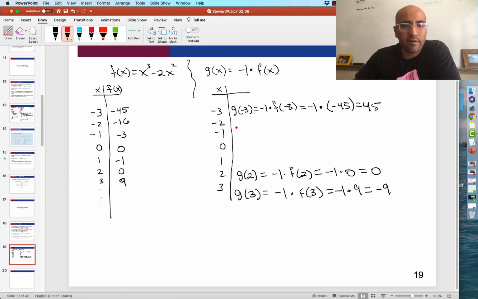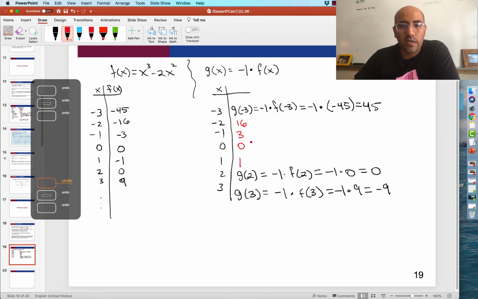So at -2, this answer is just going to be positive 16, because that was negative. And at -1, this is going to be positive 3. 0 stays with 0. At 1, instead of getting a -1, I'm going to get a positive 1. 0 stays with 0. And then instead of positive 9, I get -9.